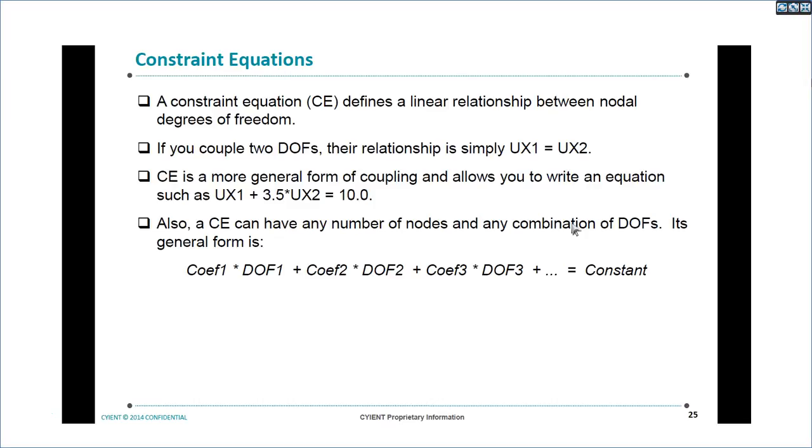This is called CB. Whereas in coupling, we will establish a relation between these two things, US1 plus some factor times US2 equal to some constant. So this is called series.